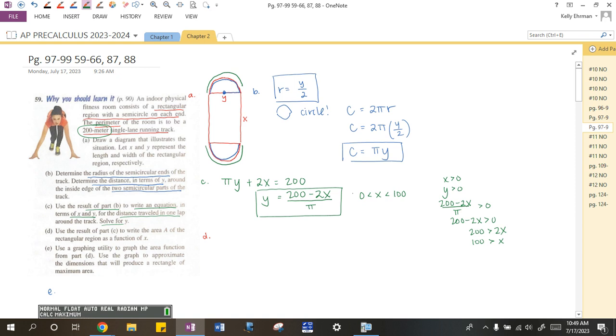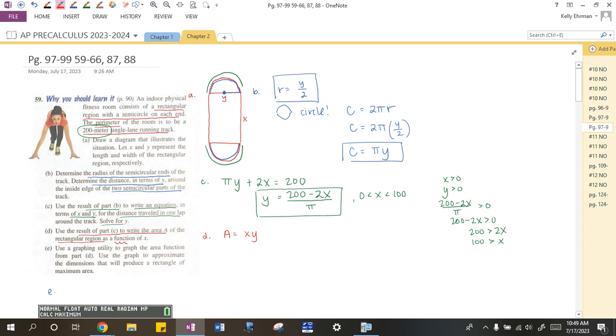So they don't require us to do this, but this is good to think about, again, just for these higher level mathematics courses that you're in now and for our AP test. Part D: use the result from part C to write the area of the rectangular region as a function of x. So we don't care about the semicircles. The area of the rectangle, just before I get into it, is x times y, length times width.